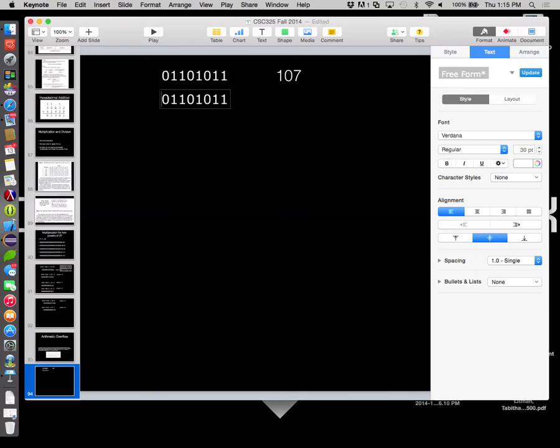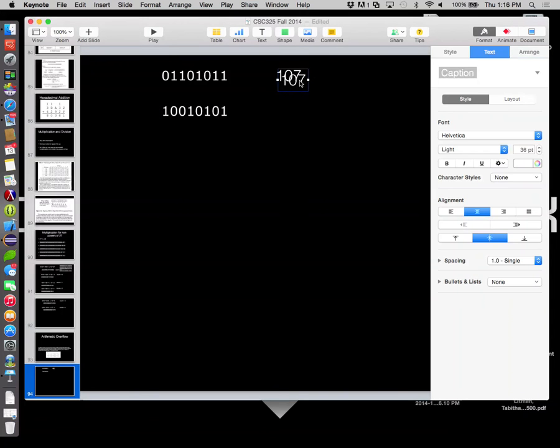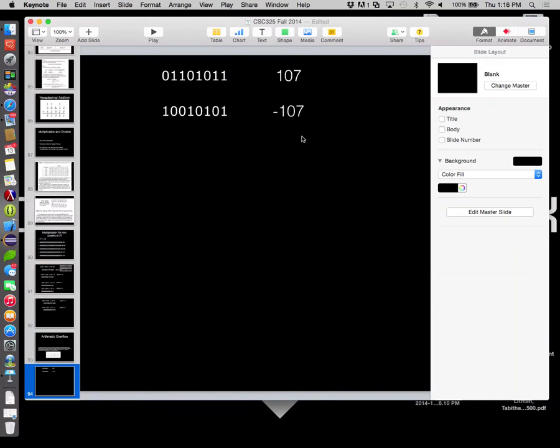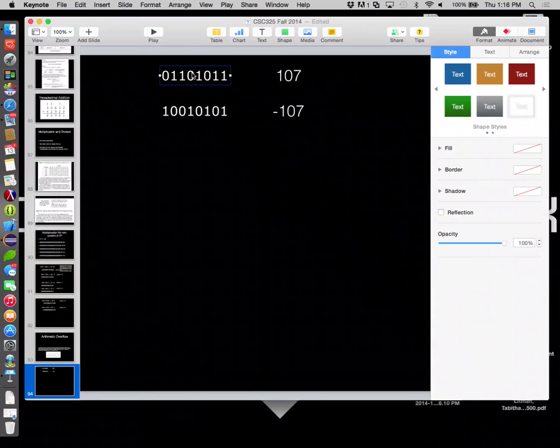So let's go back to what I had just a second ago. I had this guy. So you told me this is negative 107, right? Why is it negative? Is that bit? Yeah. Is this the correct 2's complement of this number? Yeah. Are they the same value? Yeah. So what's the answer to this question?